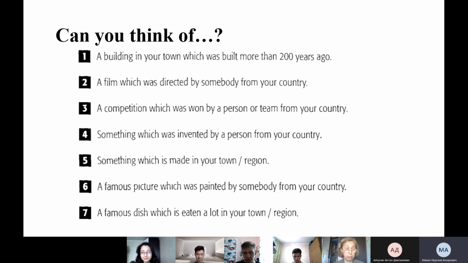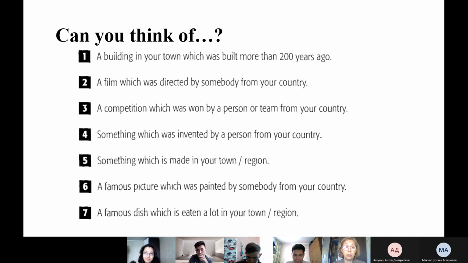Beshbarmak is a famous dish which is eaten a lot in my town. For example, in the cities located next to the Caspian Sea, fish beshbarmak is very popular. I've never tried it.